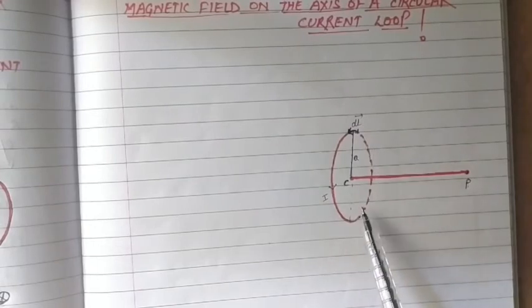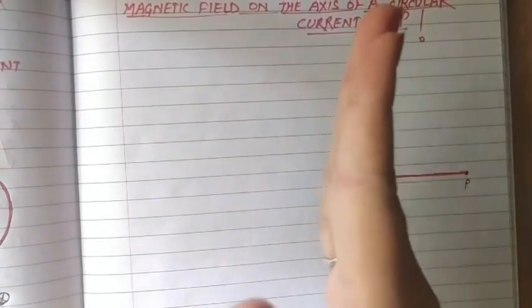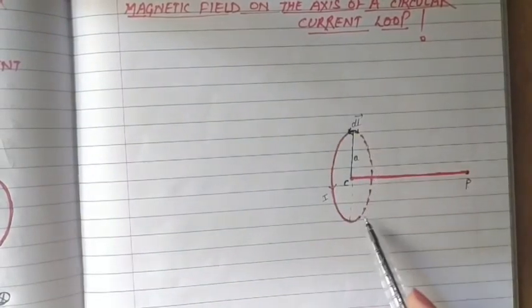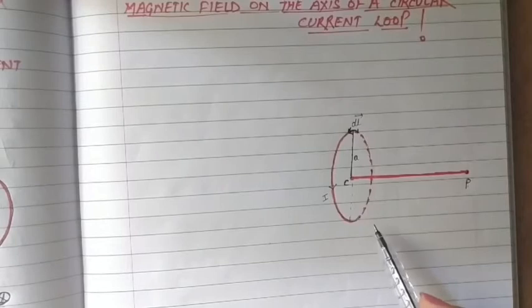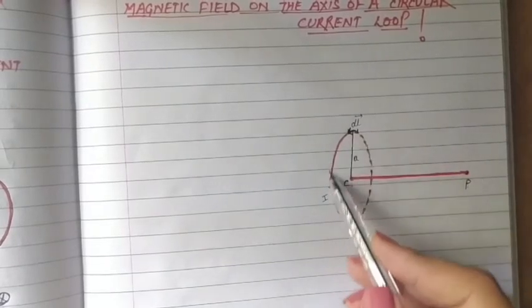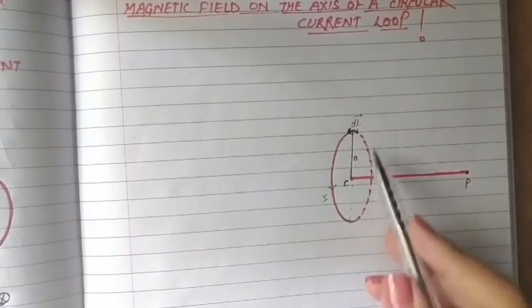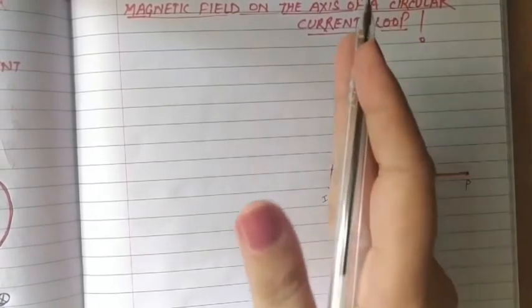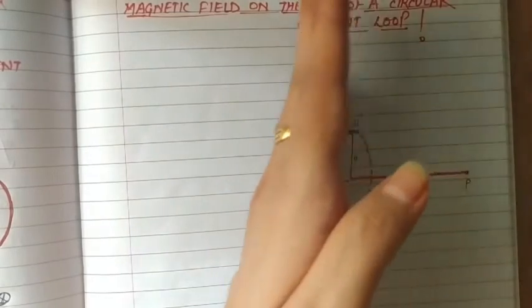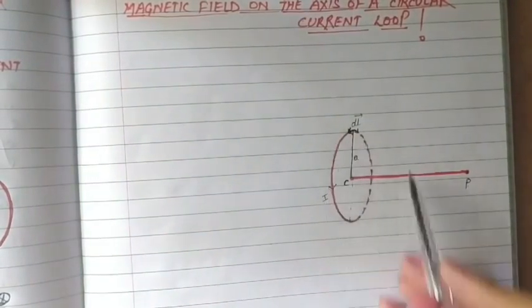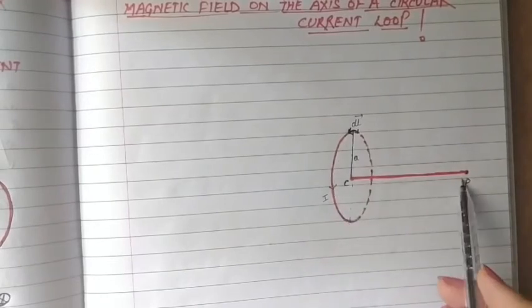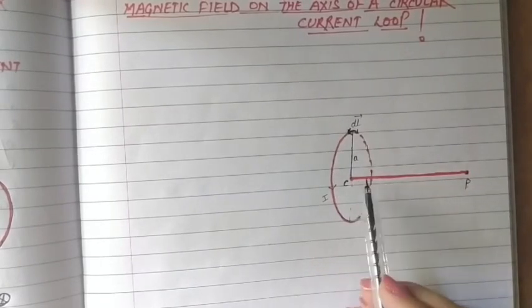This shows that the plane of the loop is like this, and this half is across the paper, on the other side of the paper, while this half is above the paper. So this half is below the paper and this half is above the paper. This is the plane of the loop, and we want to find the magnetic field because of this loop at point P, which is on the axis of the loop.